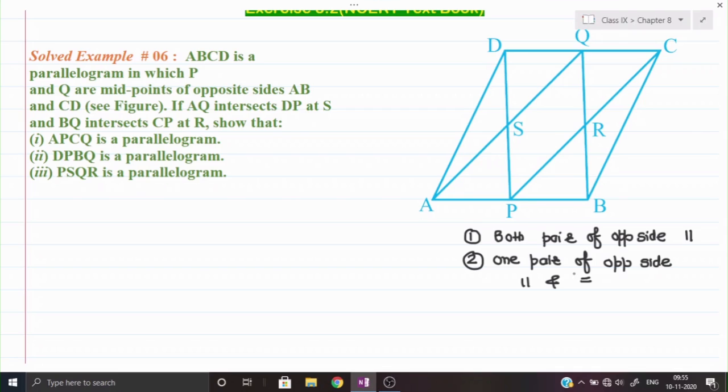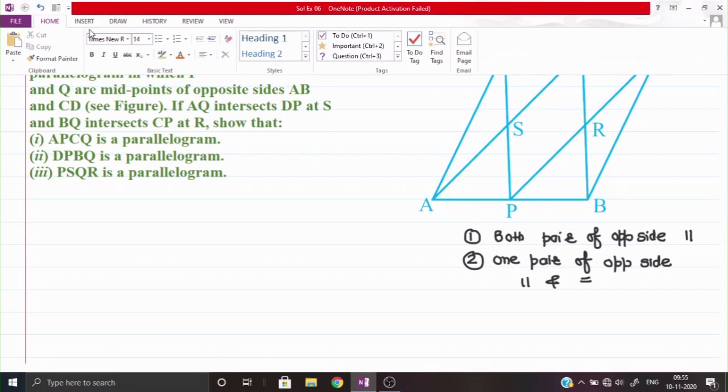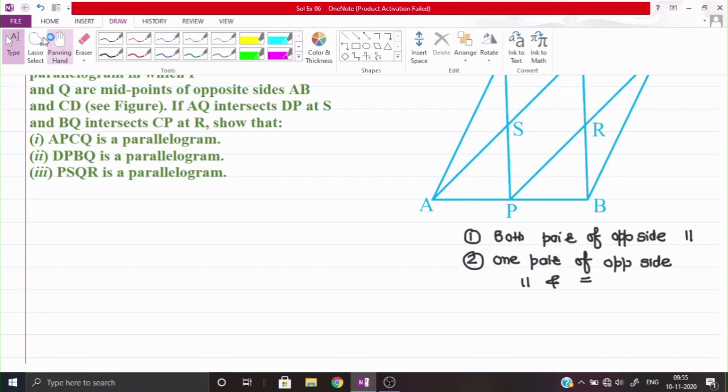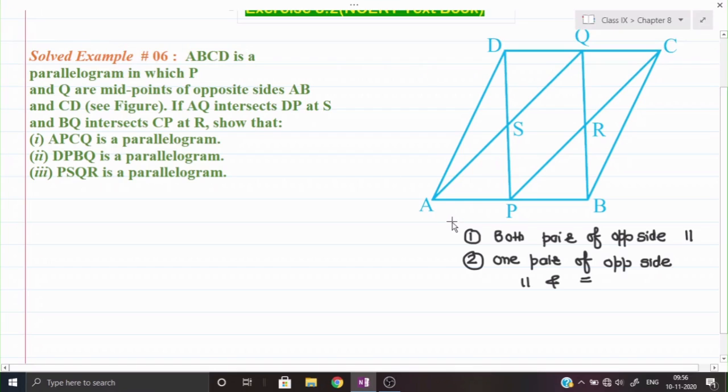For example, I have taken AB and CD. So I need to prove AB and CD are parallel as well as equal. These two ways you remember, they would be required when we are proving these three parts in the parallelogram. In one or two parts we may require the first way, and in the remaining part we require the second way. Let us see whichever is applicable.